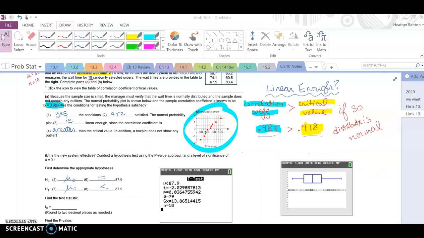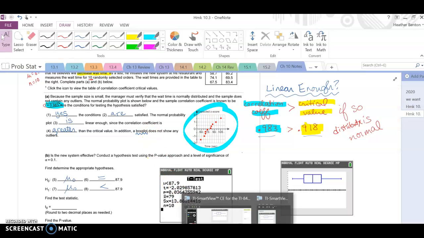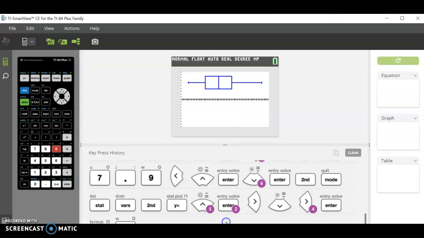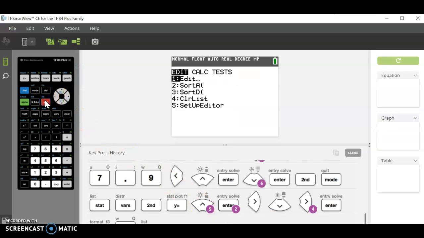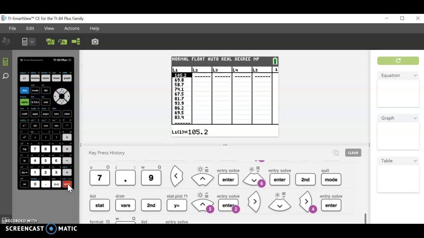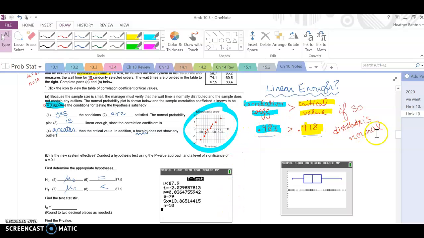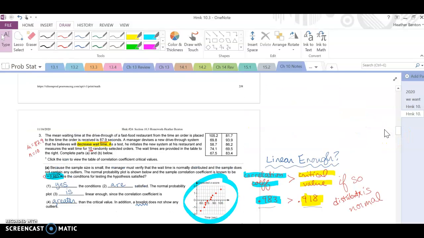So I can't remember if I showed you guys how to do a box plot in the graphing calculator. I know we did one by hand, but let's look real quick at how the graphing calculator can do this for us to check for outliers. So I went to stat and number 1, edit, and I've already entered the data from the problem up here in my L1.